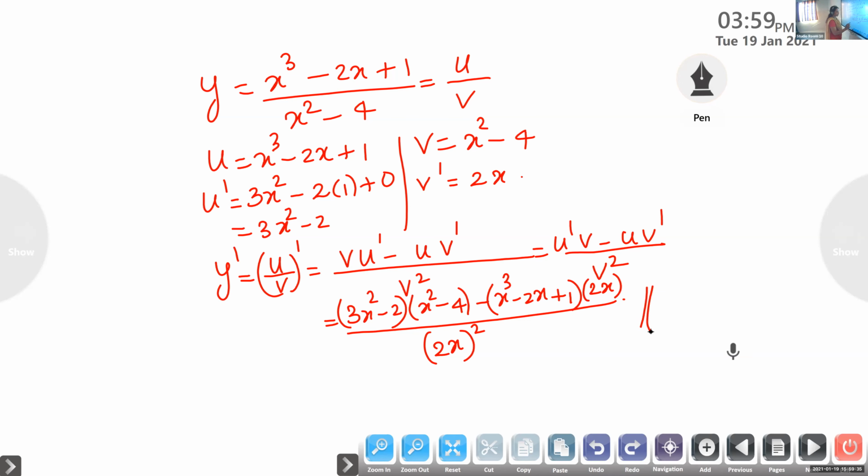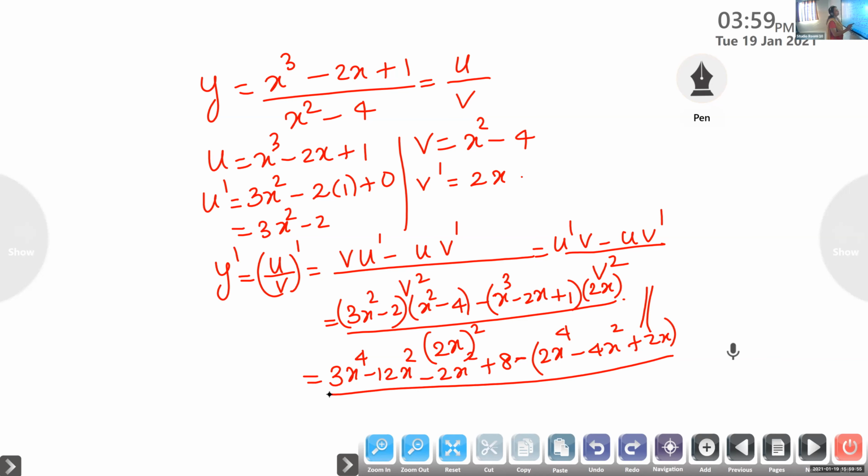So when you expand it, you'll get 3x raised to 4 minus 12x square minus 2x square plus 8. Again minus of, you open the bracket, 2x raised to 4 minus 4x square plus 2x, by the denominator v square. What is v square, children?